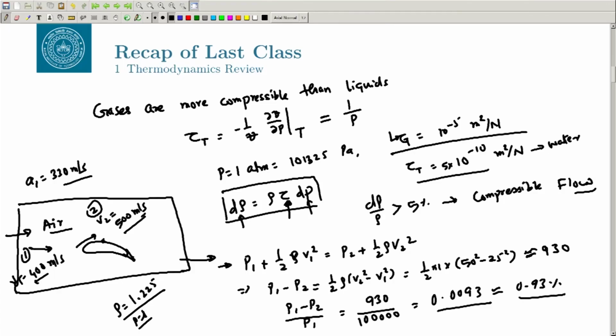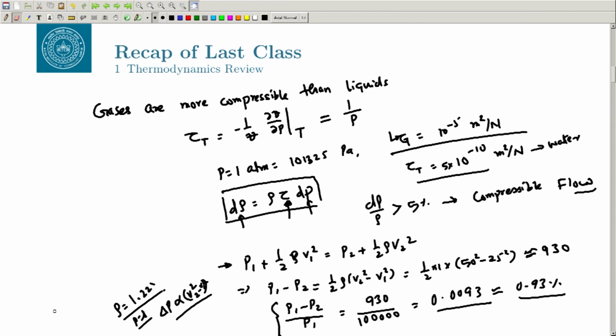If you are simple-minded and apply Bernoulli here, which is not applicable, you will see that P 1 minus P 2 by P 1 will be much higher than 5%, because the change in pressure delta P varies as V2 square minus V1 square. So, the change in pressure is very high, and that is why the density change is very high. I hope I convinced you that as the speed increases, in other words as the Reynolds number or the Mach number increases, the consideration of density becomes important.